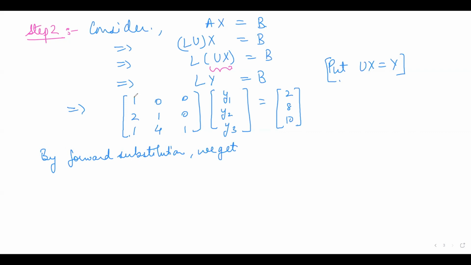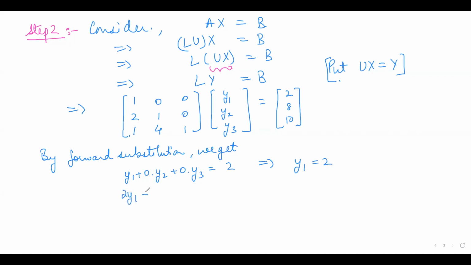So what we get, first row multiplied by this column vector, is y1 plus 0 y2 plus 0 y3. Forward substitution means you get the value of y1 first, then y2 and y3. So you are going in this direction, right? So y1 is coming out to be 2.